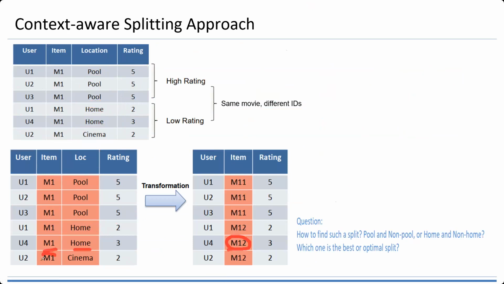Now we have M1 and the location is the cinema, but it is also M12. Why? If the location is home, it is M12, and here it is M12 as well, while the location is cinema. Why?